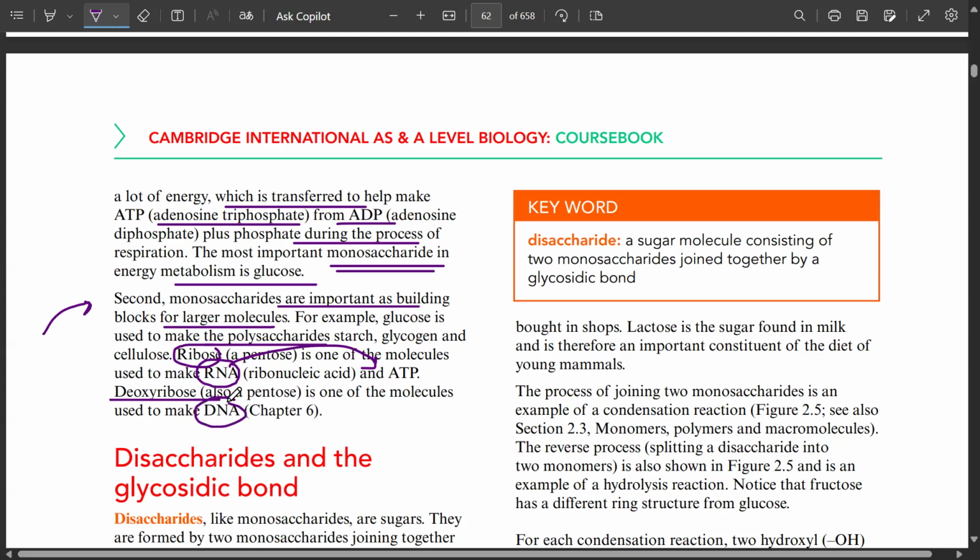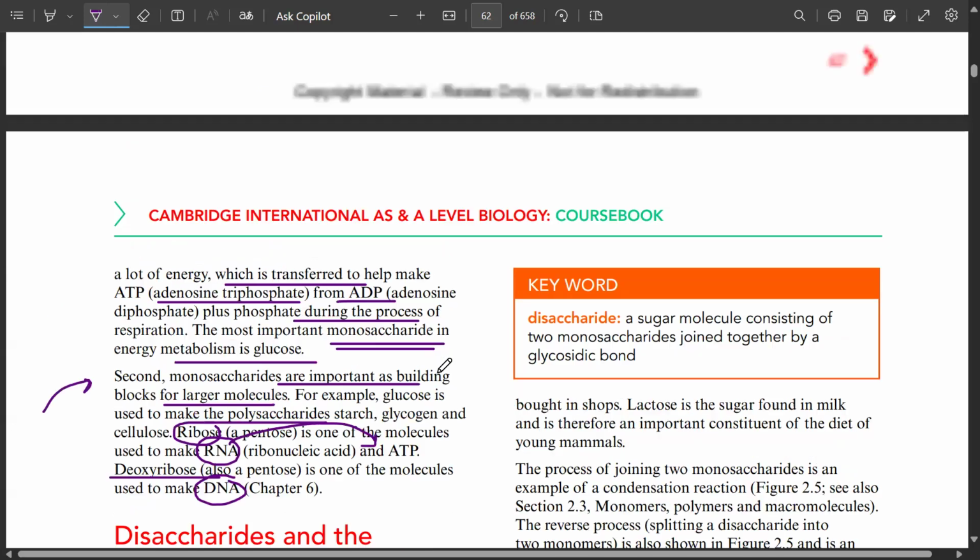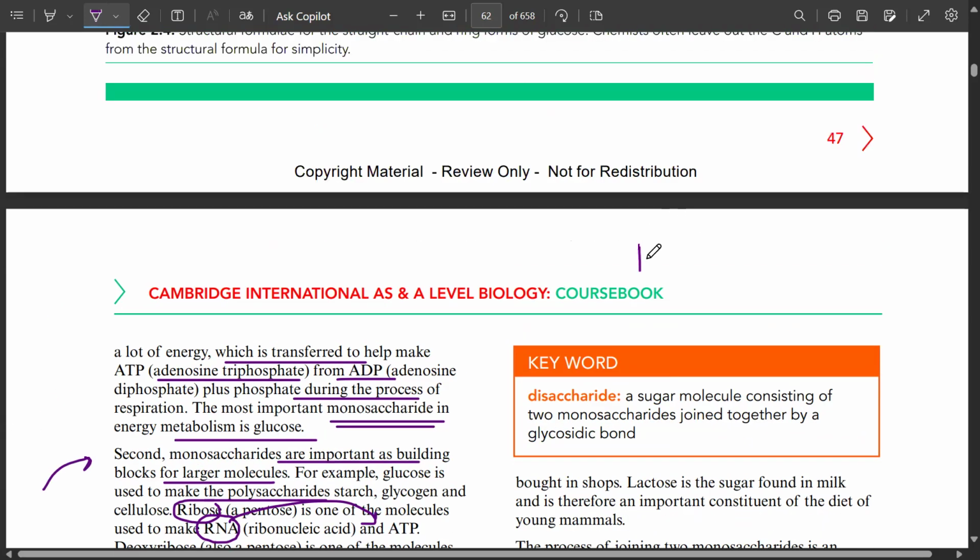So till now, is everything clear about what the different types of monosaccharides are? Let me give you a summary. Monosaccharides come in three types: trioses, pentoses, hexoses. Pentoses, give me two examples of pentoses.